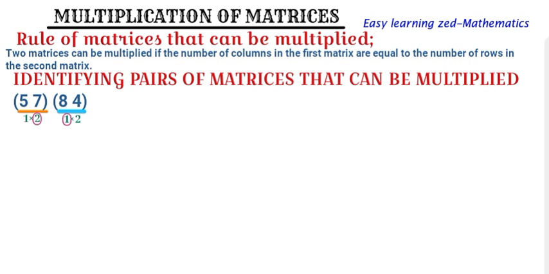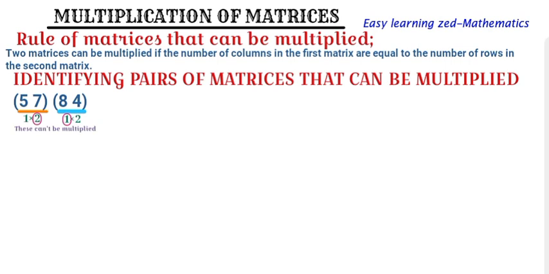Now let's go back to the golden rule, which states that two matrices can be multiplied if the number of columns in the first matrix is equal to the number of rows in the second matrix. Let's ask ourselves, are these two numbers we have circled equal? The answer is no. One is 2, the other one is 1. So they are not equal.